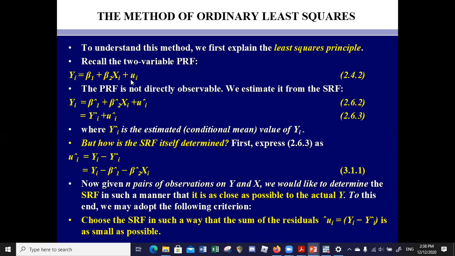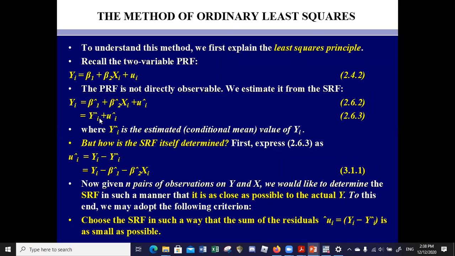Whatever role is served by the disturbance term in the population, the same role is played by the residual in case of the sample. So if this part, beta 1 plus beta 2 xi, represents the conditional mean, then this part, beta 1 hat plus beta 2 hat xi, represents what?